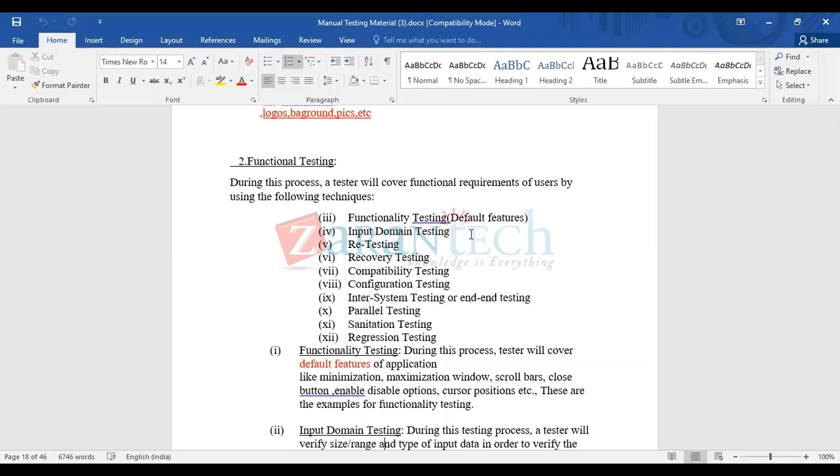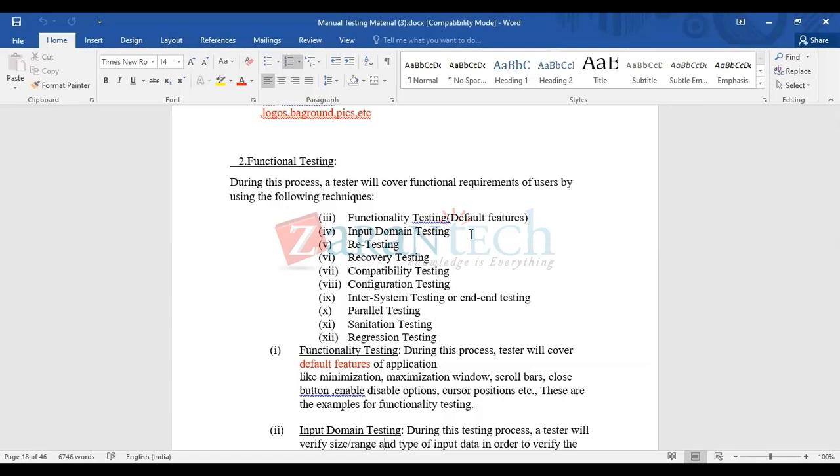And then recovery. Recovery also I said clearly yesterday. What is recovery? For example, you have entered some data and you saved it. When you open the file, you should get the data which you have already entered. That is called recovery testing. Save and open options must be verified. Take any application in the world: if save is not working properly, if open is not working properly, then nothing is going to happen.